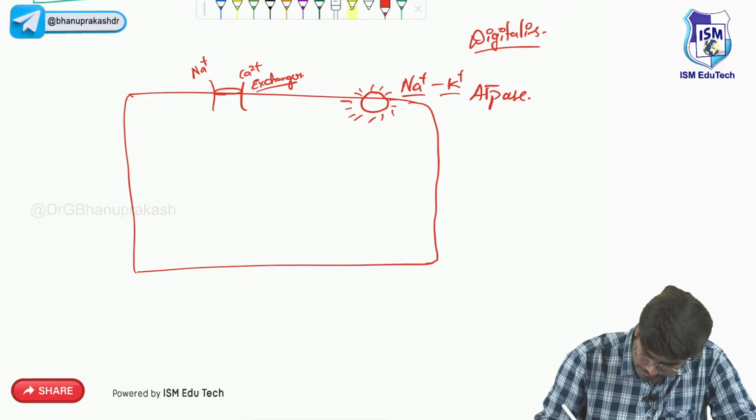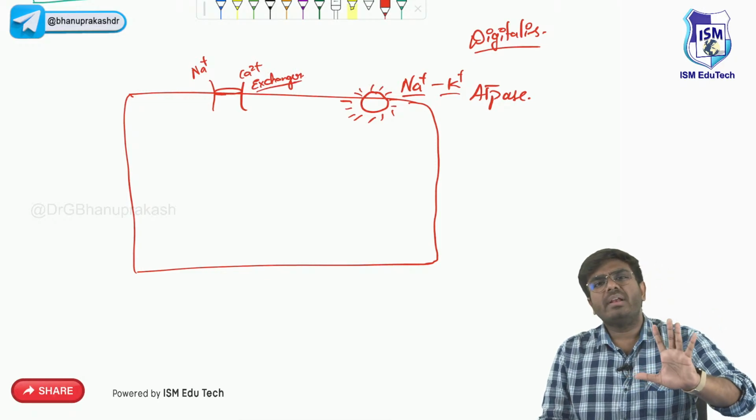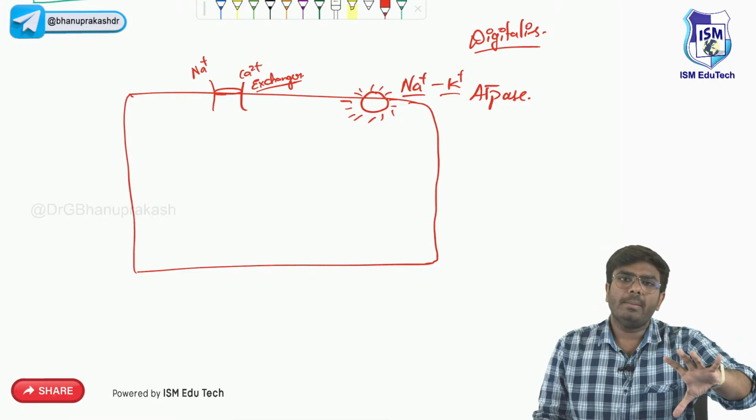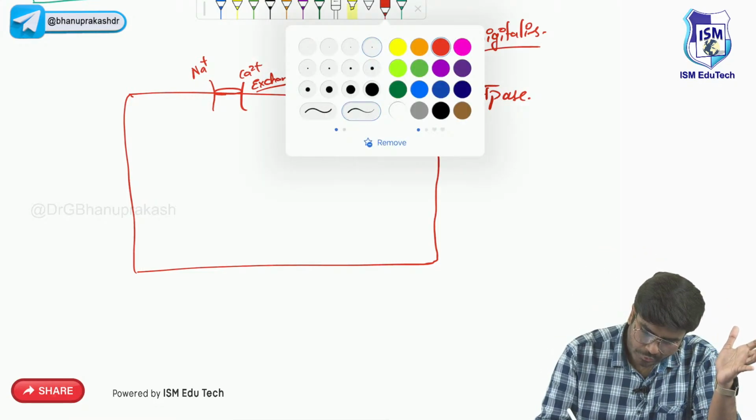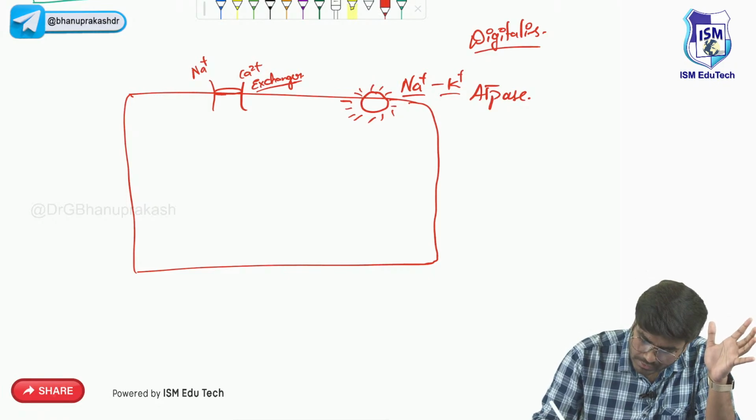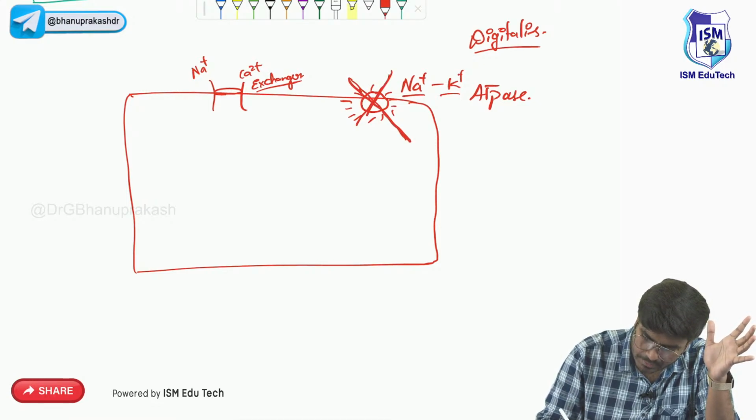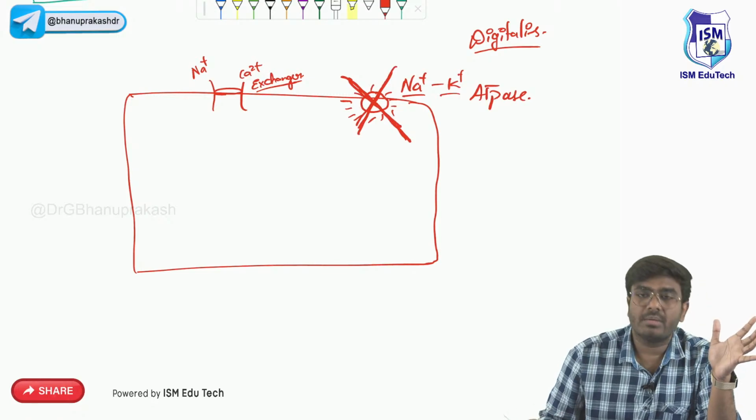At the end of the day, I am not going into detail about the pharmacology. The simple point you need to know is what digitalis does: digitalis inhibits the sodium potassium ATPase.